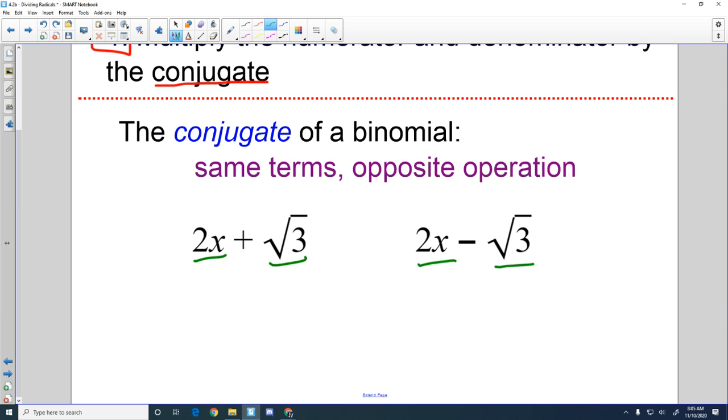The sign. Yes, good, that's right. This is a plus, that's a minus. So whenever you're trying to figure out the conjugate of a binomial, you take those same exact two terms, but you change the operation in the middle. If it was a plus, make it a minus. If it was a minus, make it a plus. And that's it.